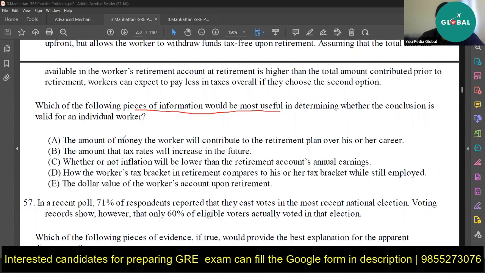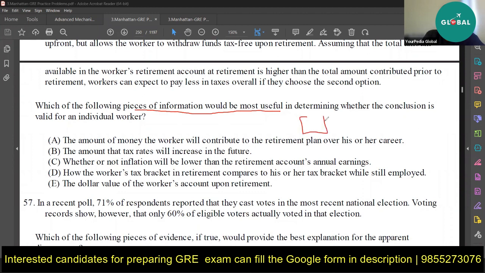Exactly, the amount of money is not required. Because he's telling you to assume the total amount available in the worker's retirement account at retirement is higher than what was contributed. So he's already saying that whatever he finally withdraws is higher than whatever he's investing.